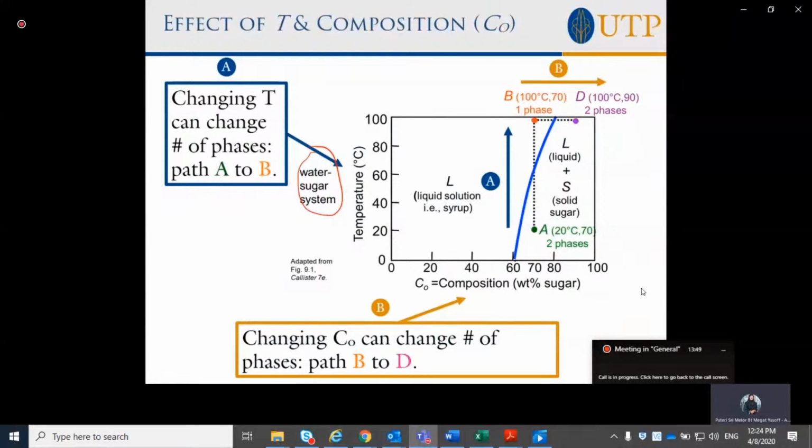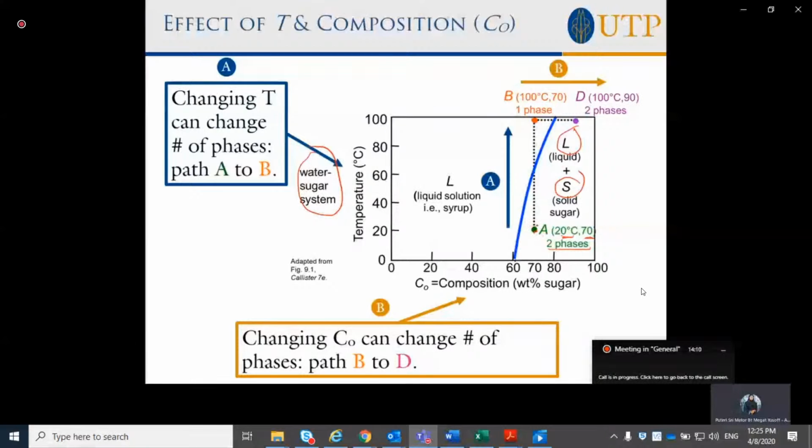So what if I move my point? Let's say initially I'm here at A, and at A I'm at 20 degrees Celsius with 70 weight % sugar. What am I? I am a two-phase system. I have solid sugar and I have liquid.